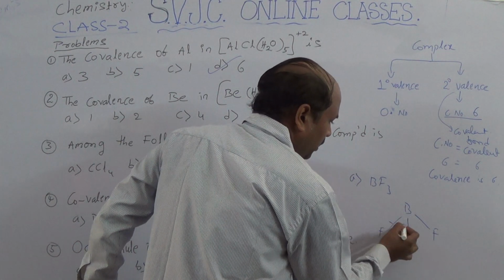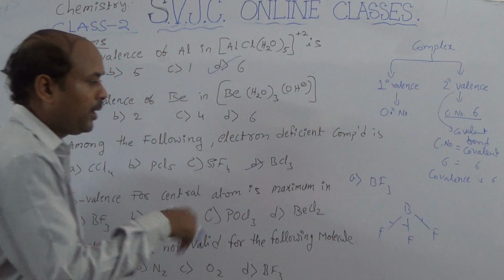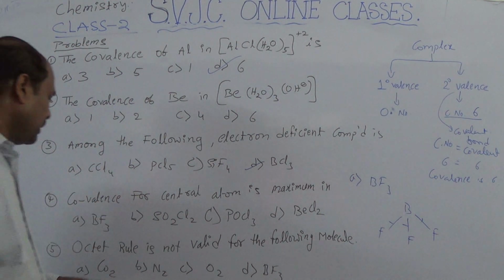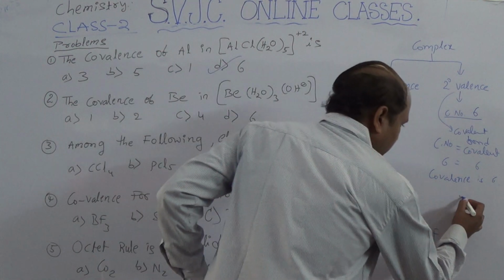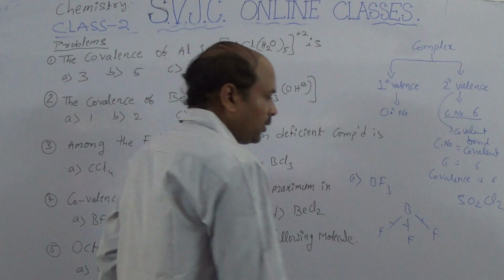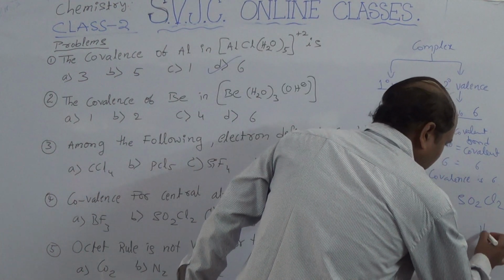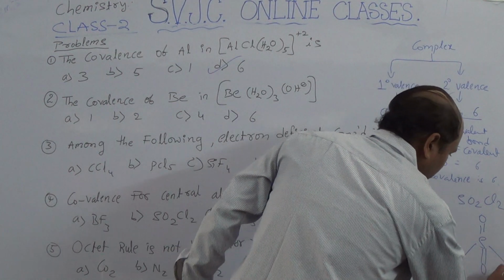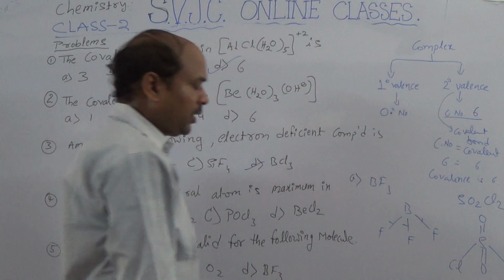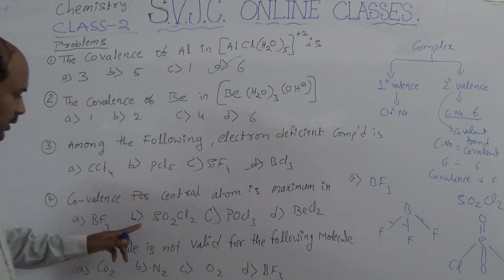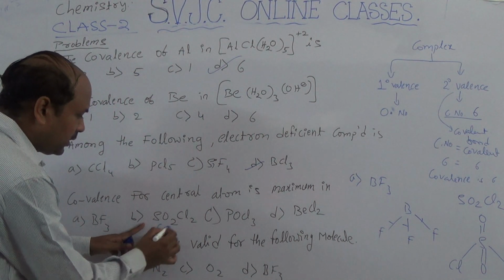These are 3 bonds, so covalency is 3. Then SO2Cl2, sulfuryl chloride. Around the sulfur atom, how many covalent bonds? 6 covalent bonds, so covalency is 6 here.